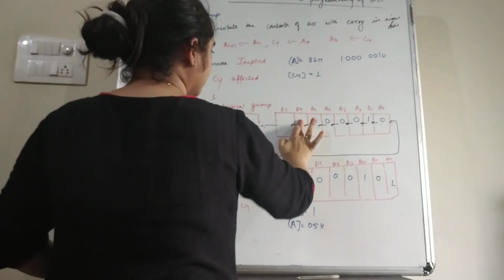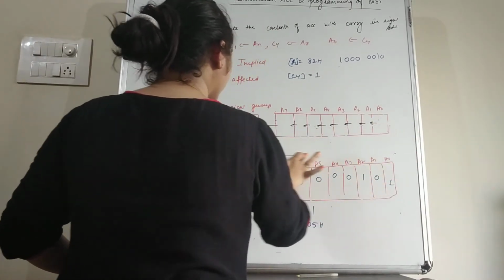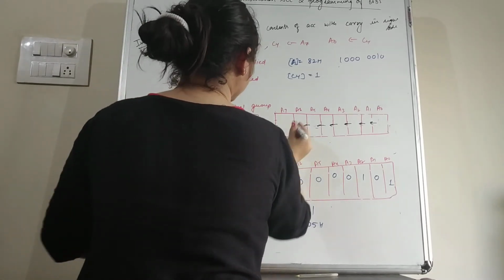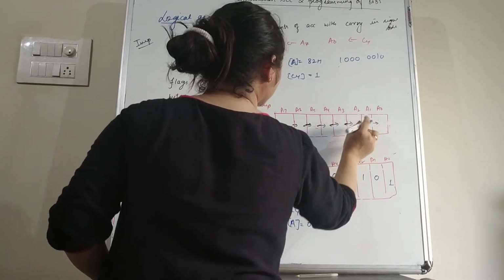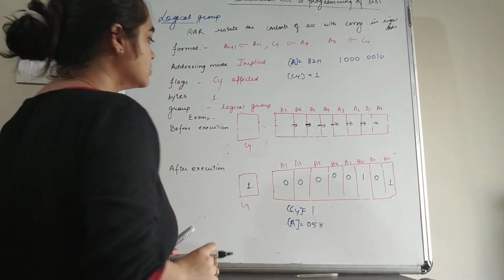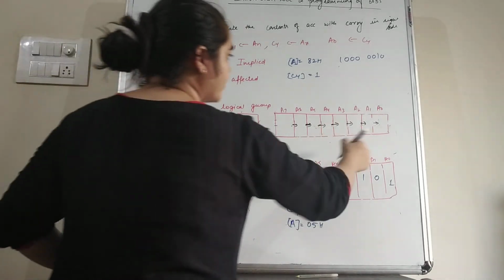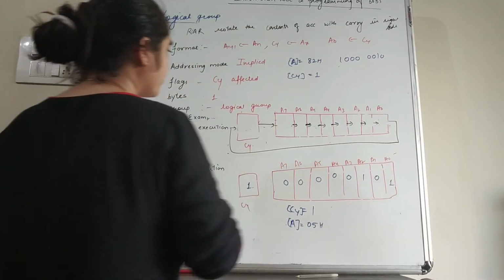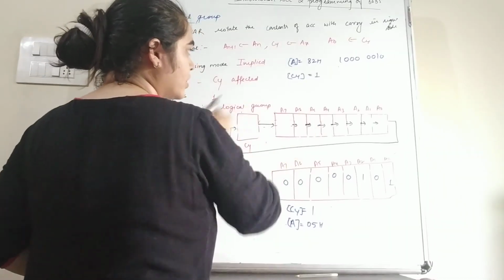So students, here you can see this is the accumulator, and all the values will be shifted to the right side. Now you can see, students, here the value of A0 will be moved to the carry flag, as well as the value of carry flag will be shifted to A7, and the value of A7 will be moved to A6.